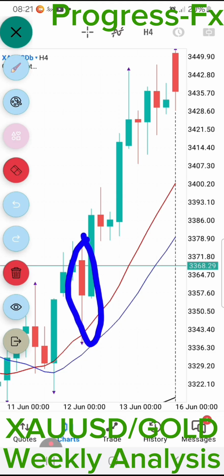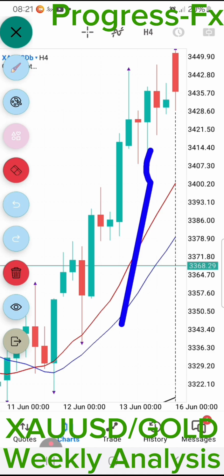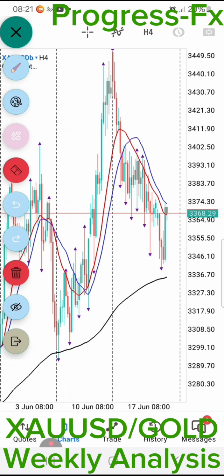This very candlestick was what most people did not understand, that immediately the market defied this very demand and supply area, which was the closest while the market was retracing. Let me show you. It was actually the closest, as you can see here.